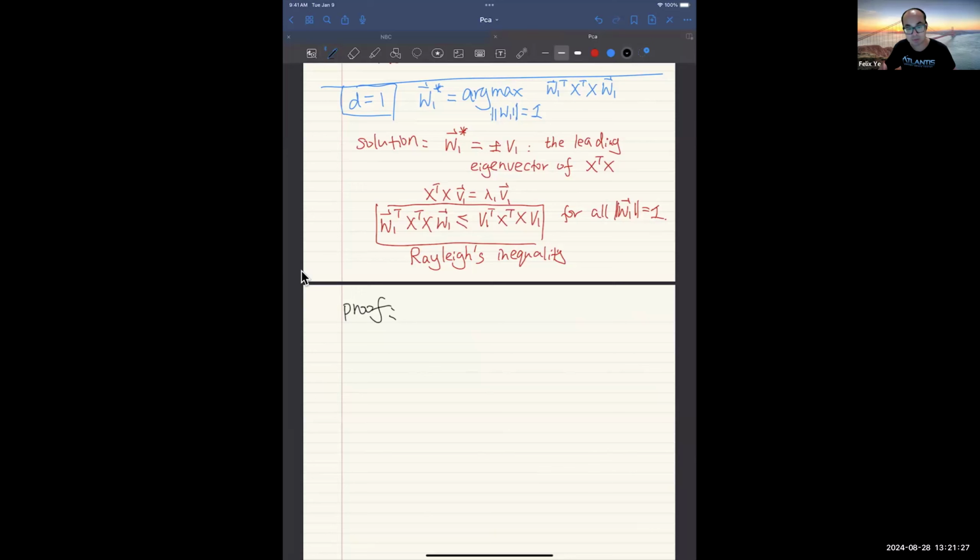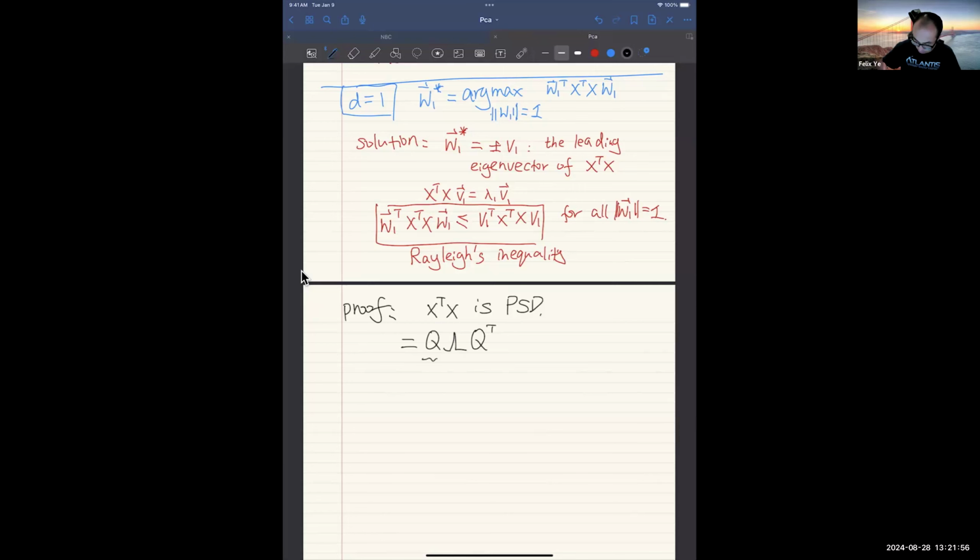The proof starts from the first observation that X transpose X is a PSD matrix, a positive semi-definite matrix. As a result, it has the following eigenvalue decomposition, Q lambda Q transpose.